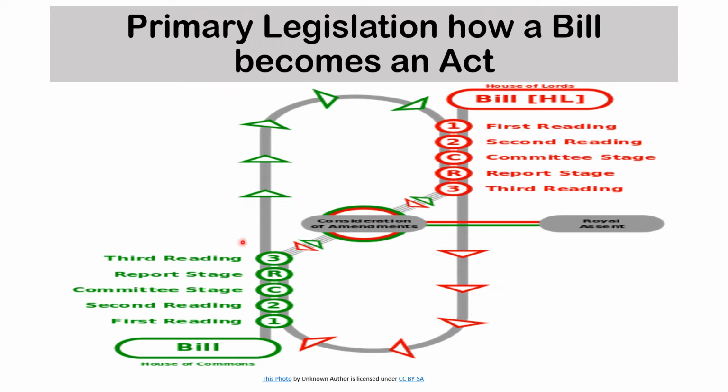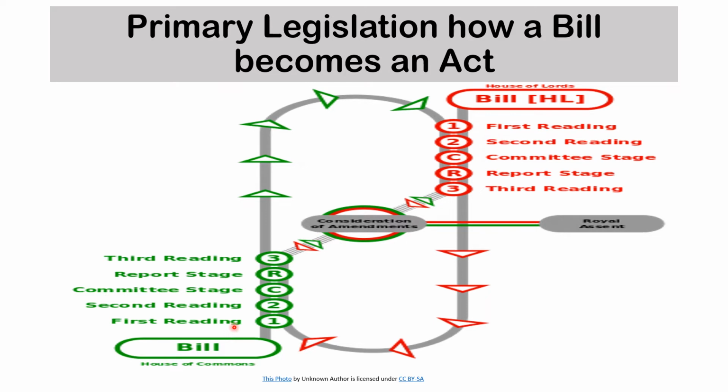For example, on this part where it's in green, that represents the House of Commons. It's in green because the House of Commons seats are in green, as the House of Lords seats are in red, so it's easier to see that way.